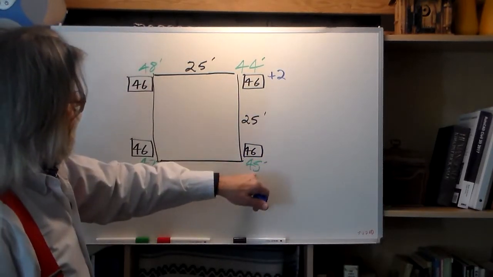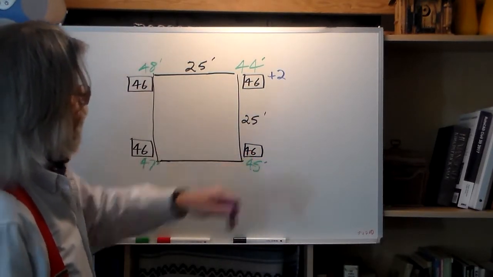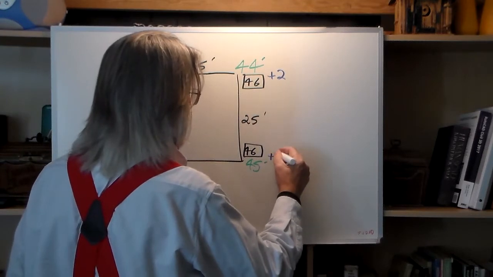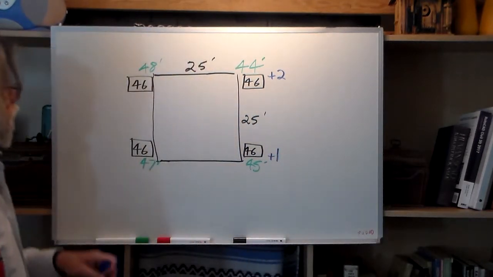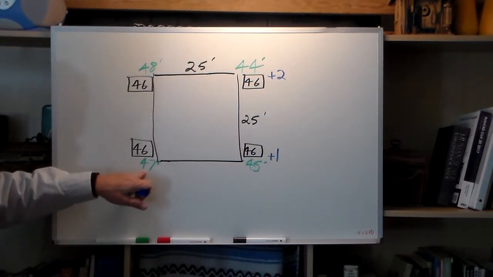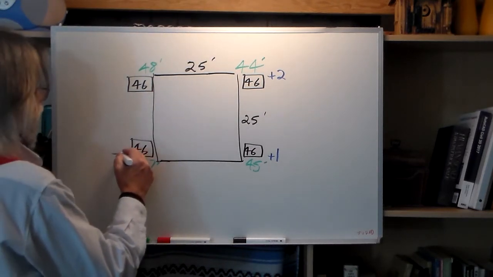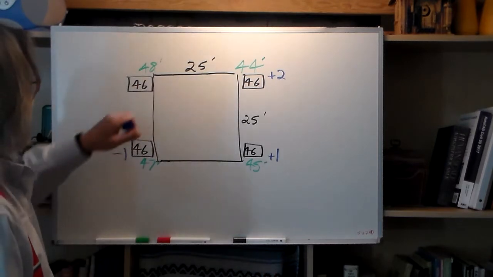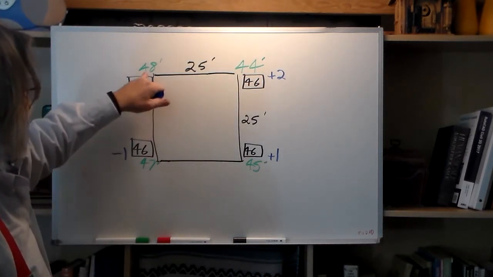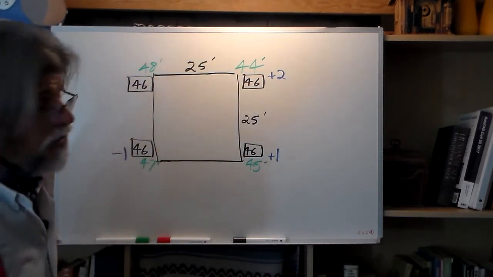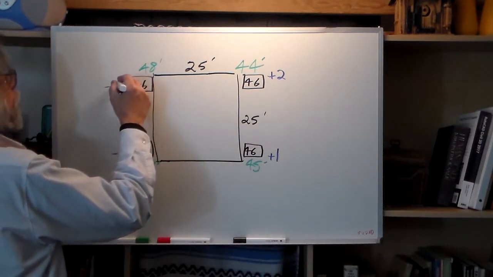Here we're starting off at 45 and we're going up to 46, so this is +1. Here we're starting off at 47 and we're going down to 46, so this is -1. And here we're starting off at 48 and we're going down to 46. This is -2.